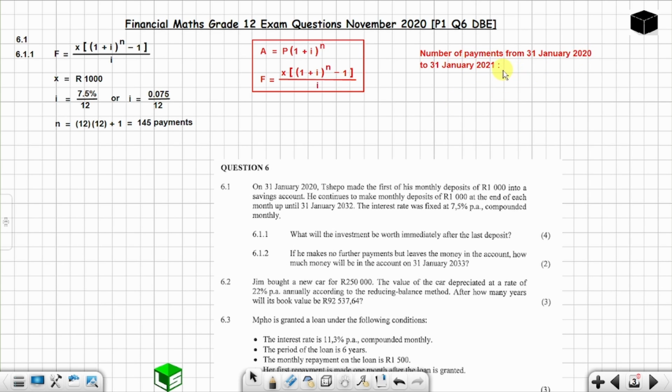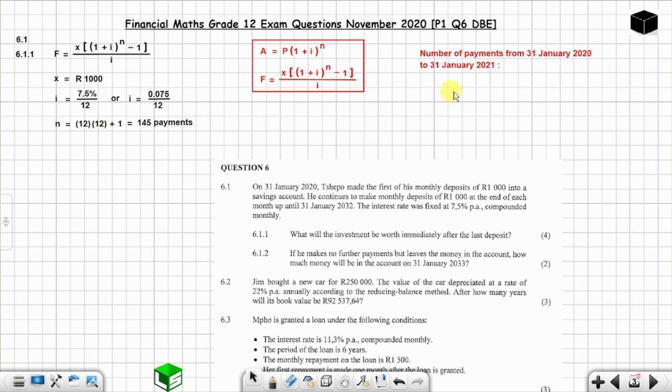In this case, this is 1 year. You may think that you have 12 deposits in this interval, but you don't have 12 deposits. You have 13 deposits. Let me show you that.